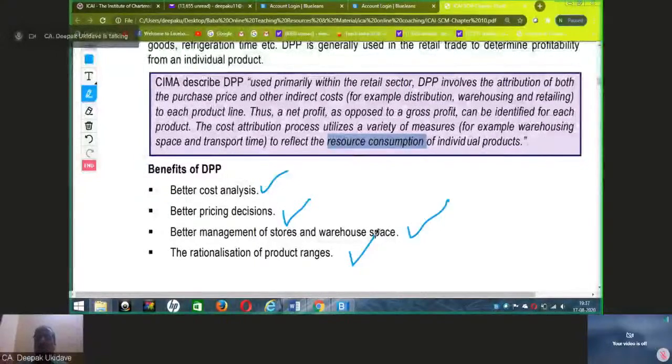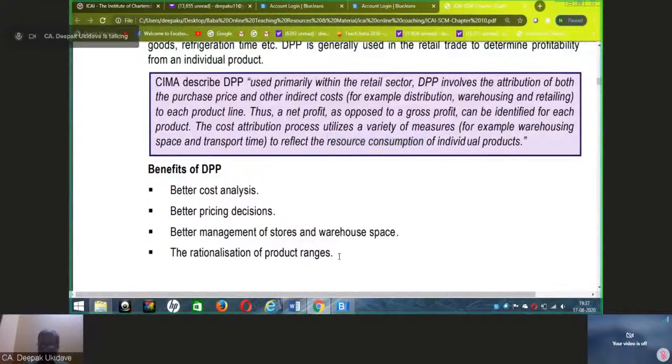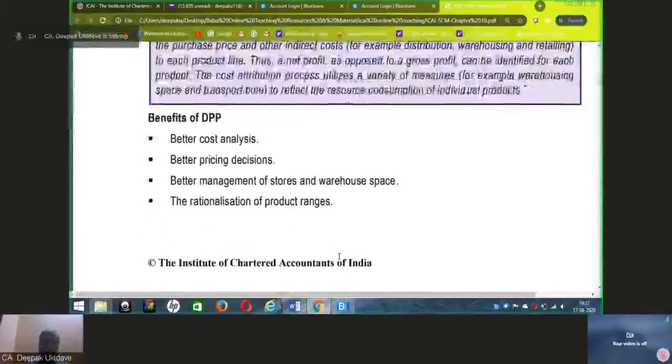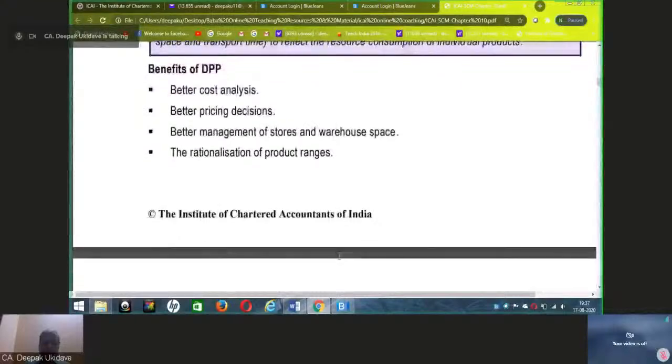These are all qualitative factors we are discussing, of course, but they have relevance in financial terms as well. So these are the benefits of direct product profitability: better cost analysis, better pricing decisions, better management of stores and warehouse space, and rationalization of product ranges. Right? These are some of the advantages of direct product profitability.